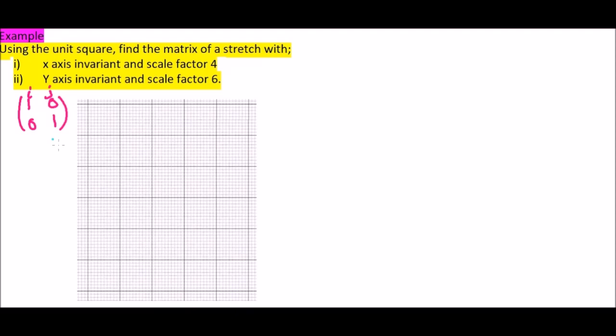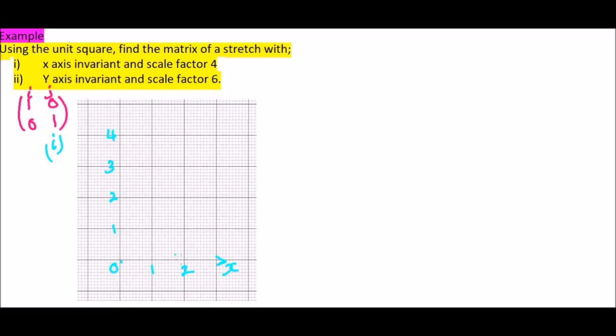So let's start with (i). We are told the x-axis is invariant and the scale factor is 4. So we can have our Cartesian plane here, 1, 2, that is our x. Then we have 1, 2, 3, 4.